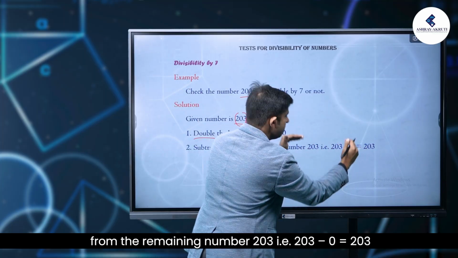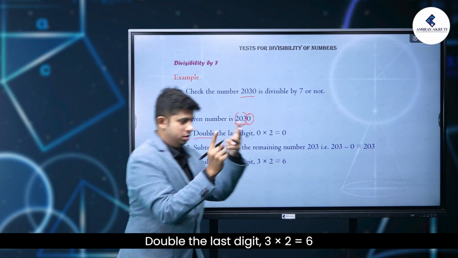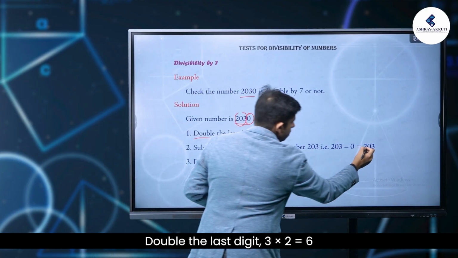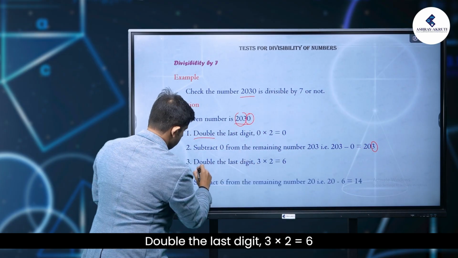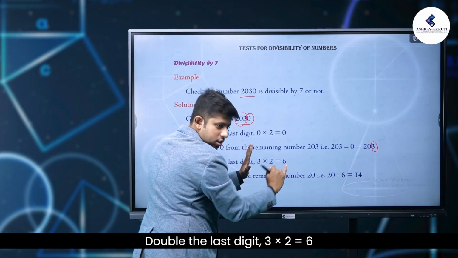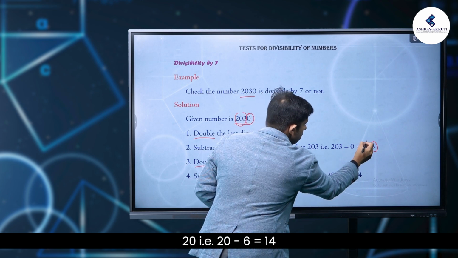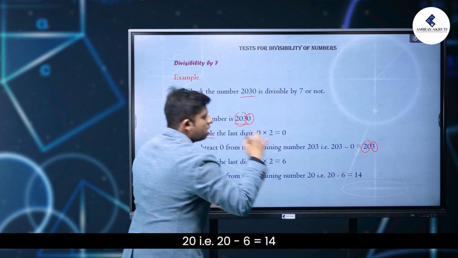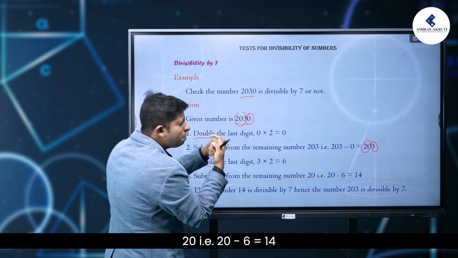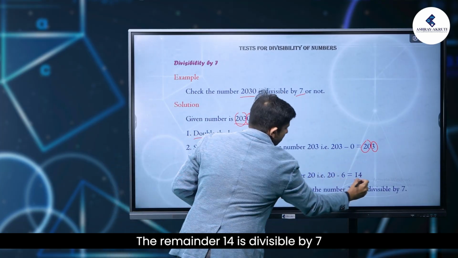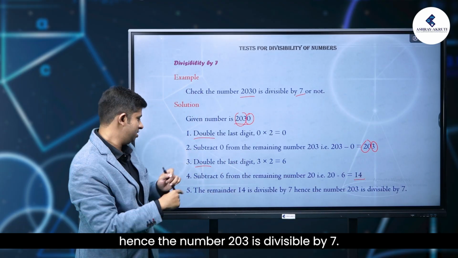Double the last digit. 3 into 2 is equal to 6. Subtract 6 from the remaining number 20, that is 20 minus 6 equals 14. The remainder 14 is divisible by 7, hence the number 2030 is divisible by 7.